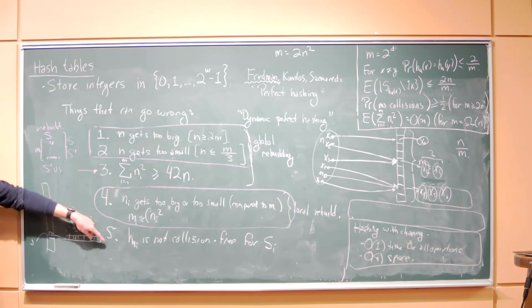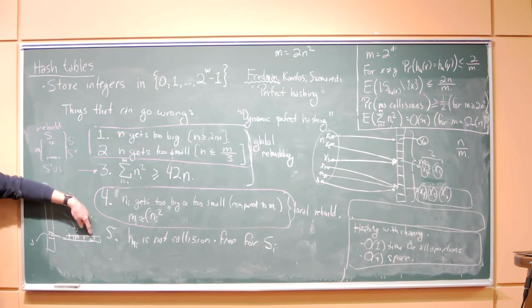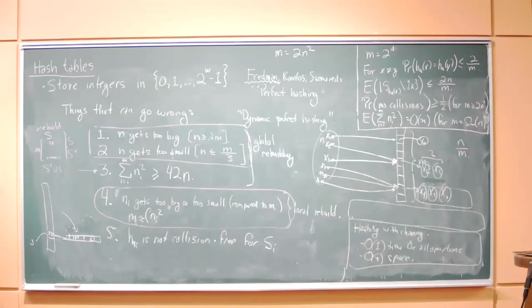If the size of this table is right, but I keep adding and removing things to it, then look at the first 2n_i things that were added and removed. The expected number of times you'll have to pick a new hash function for this table is only 2. So it really is an exercise of just carefully going through this and counting things.